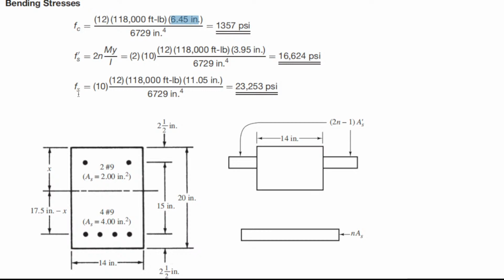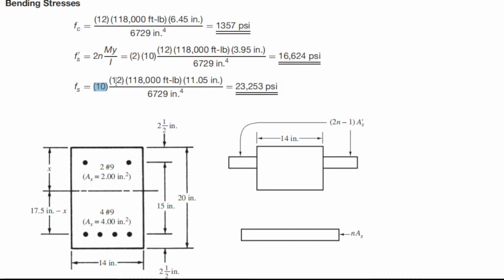Fs prime is on the compressive side steel bars. When we are using fs, we need to divide fs by n, so fs over n, fs over 10. Transfer 10 to the other side, or multiply both sides by 10. So that's why we have 10 here.